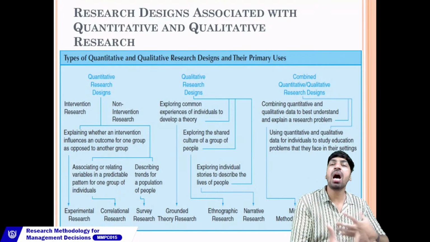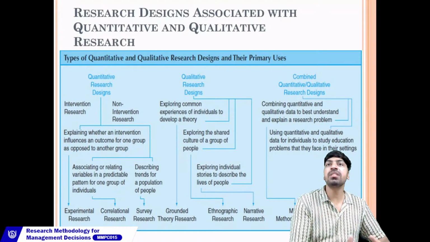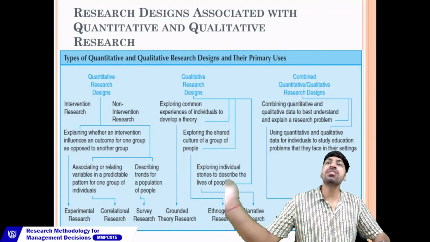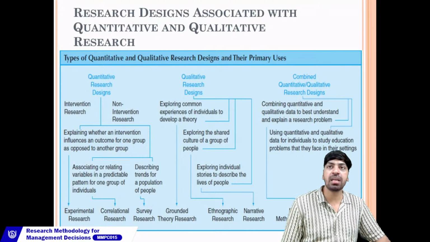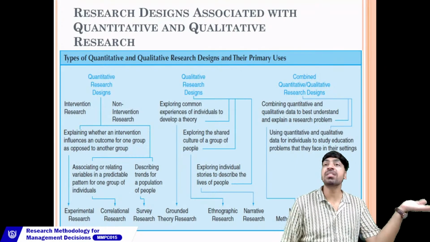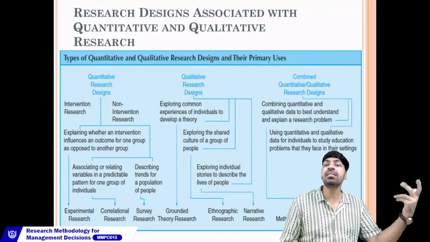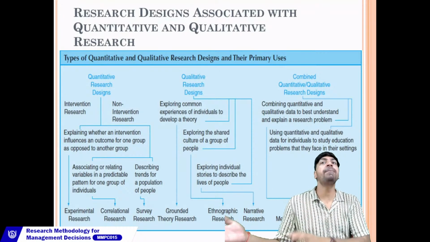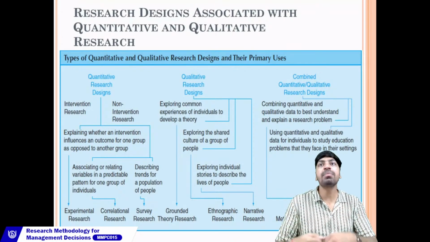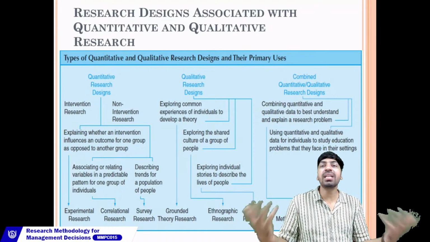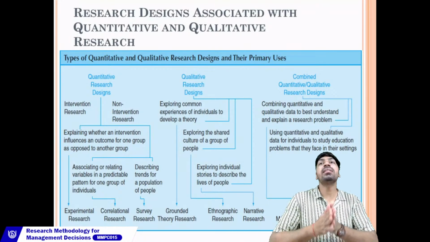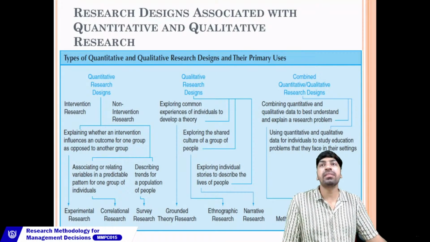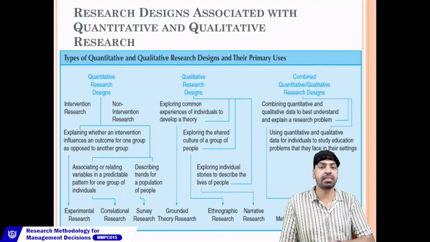How do you describe the smoking habits in the past 5 years of the population of India, or the past 10 years? That's called survey research. If you are surveying the smoking habits of the population of India, then you have to describe the trend analysis. Trend analysis is an analysis over a number of years of the population regarding smoking habits.